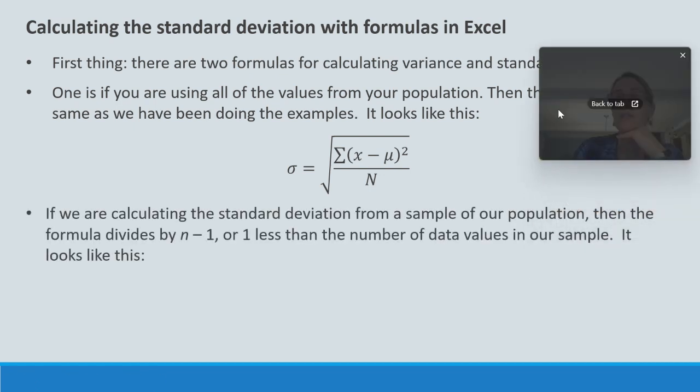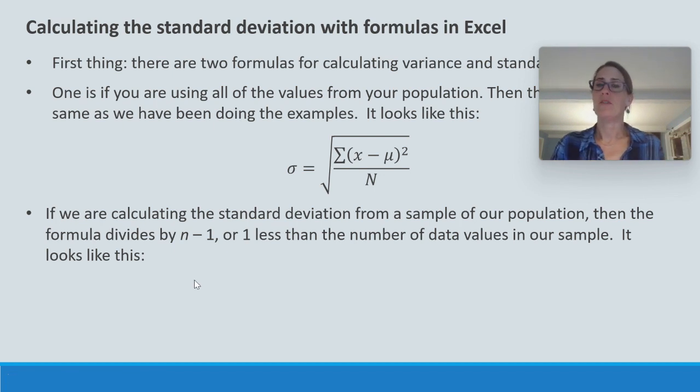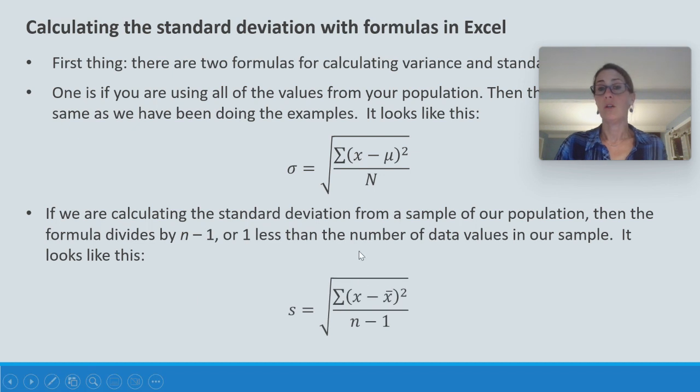But if you are using sample data, then what you really should divide by is n minus 1, which is one less than the number of data values in our sample. This is what it looks like written out in formulas. So our data value minus x bar, which is the sample mean. Those differences are our individual deviations.